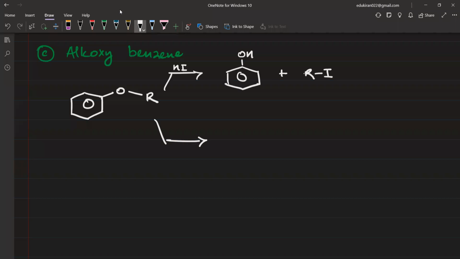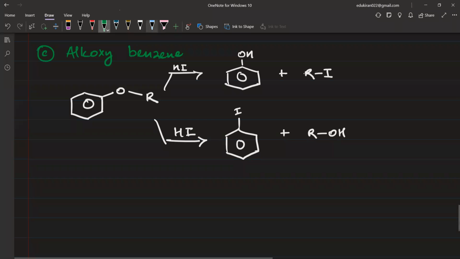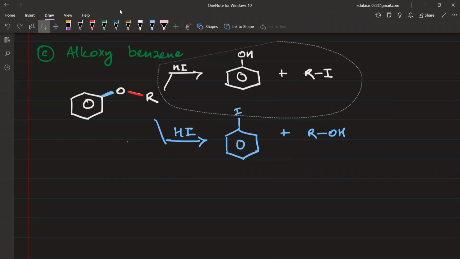Or the other way around, I will get iodine here plus ROH. If I am breaking this blue bond, this product is formed. If I break this red bond, then this product is going to be formed.